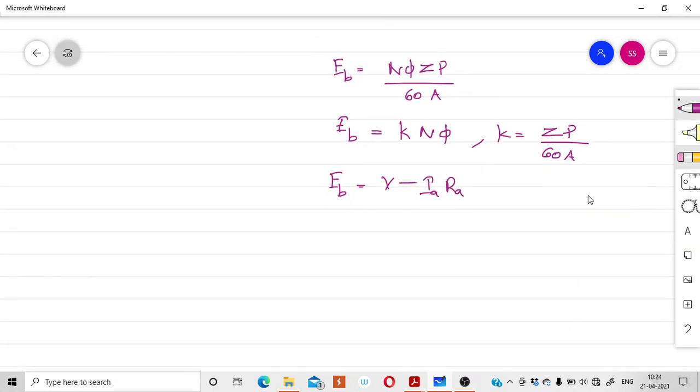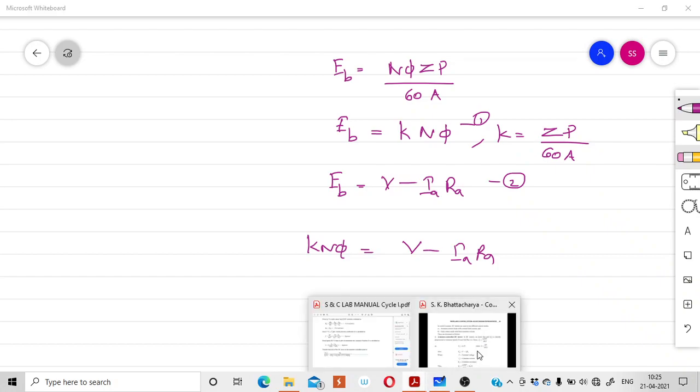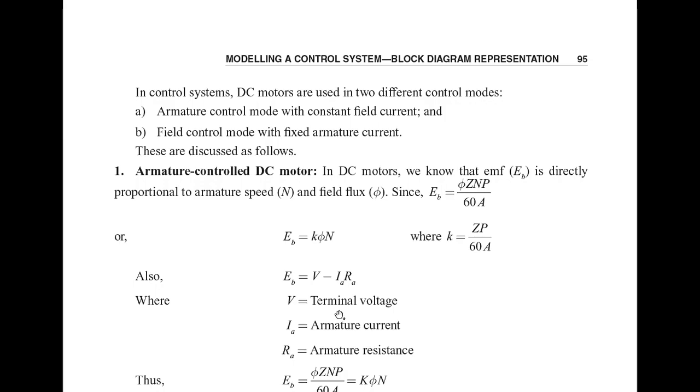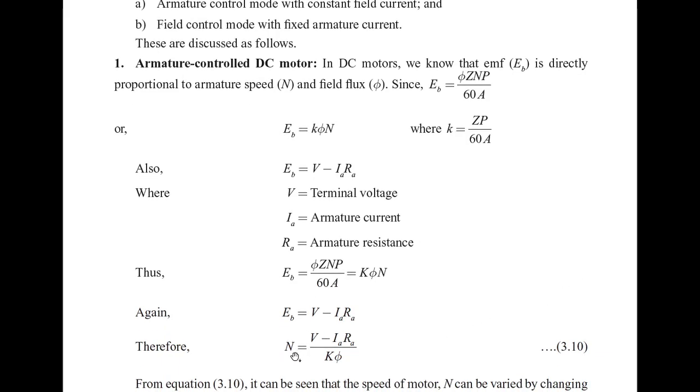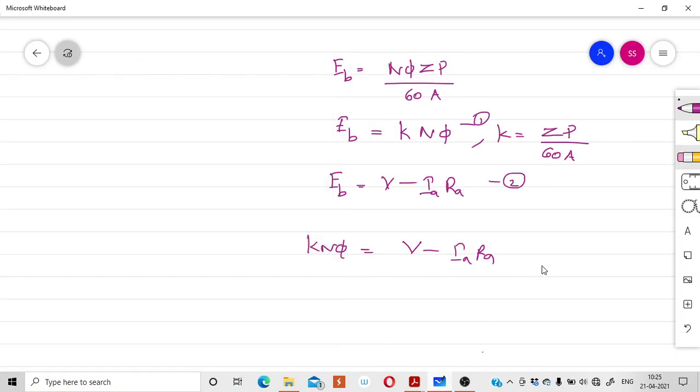So if you equate these, that is 1 and 2, you will get the equation for the speed: K N phi will be equal to V minus IA RA, where V is the terminal voltage, IA is the armature current, RA is the armature resistance, and EB is equal to K phi N. From that we will get N is equal to V minus IA RA divided by K into phi.